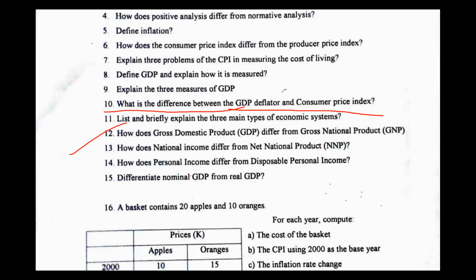GDP is the value of final goods and services which are produced within our country by our citizens and non-citizens. While GNP, those are the goods produced beyond our country by citizens of the country. Okay. Thank you very much. Any other response?